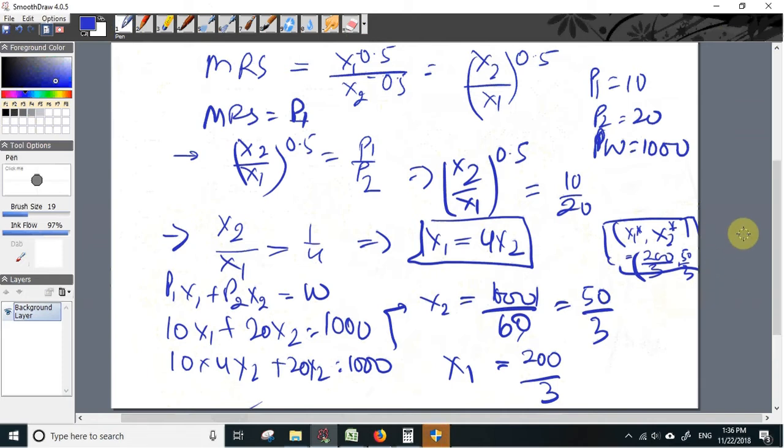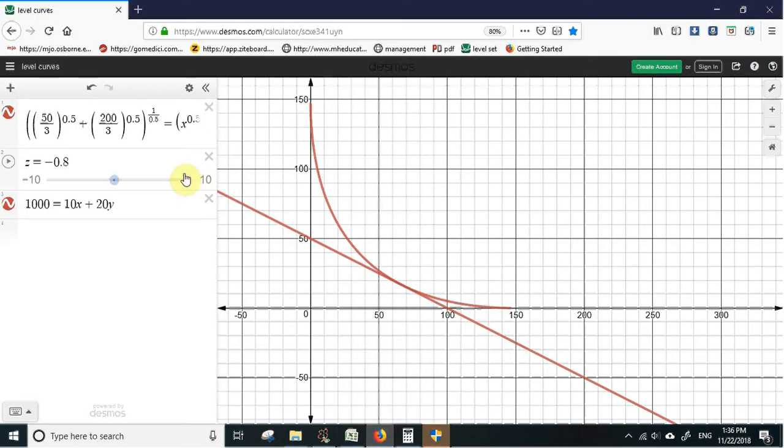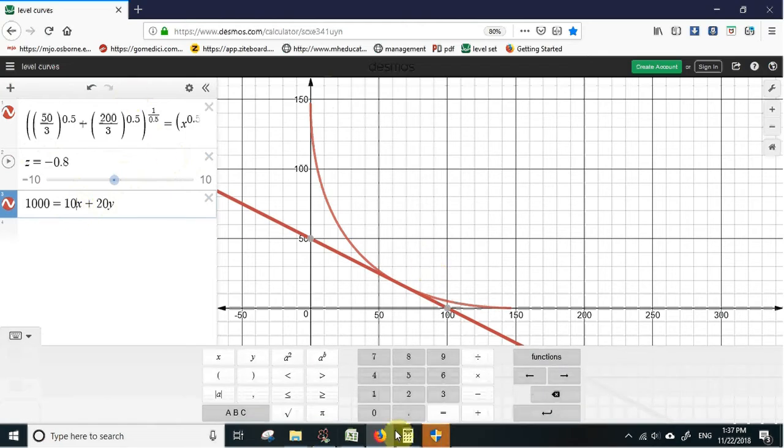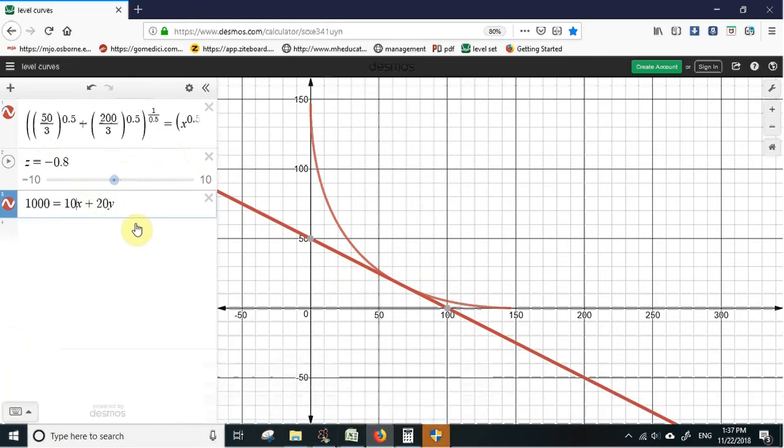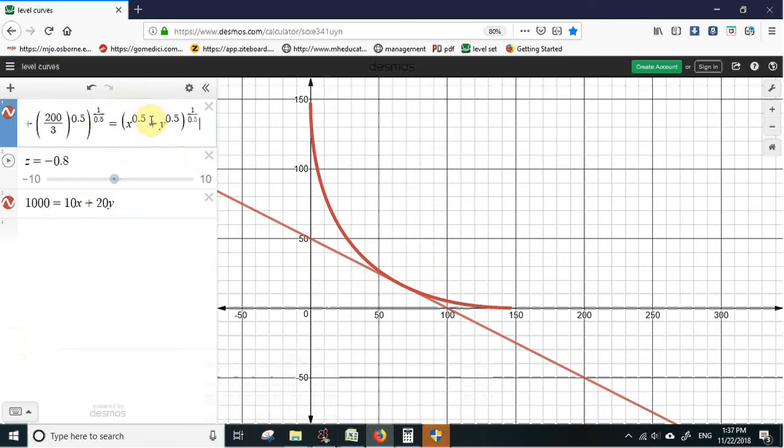So we can have a look at the consumer's equilibrium graphically too. For this, let us plot the budget constraint and the utility function in the graph. So this is the budget constraint, this red line, and this is the utility function, CES utility function.